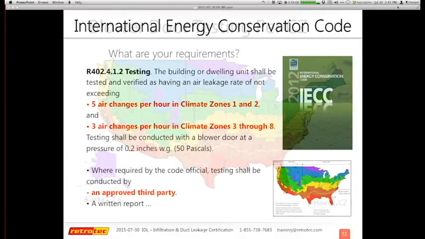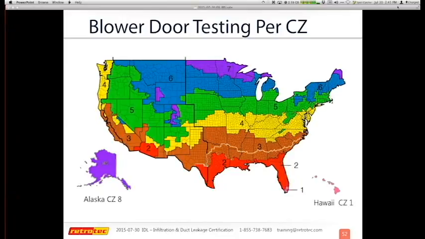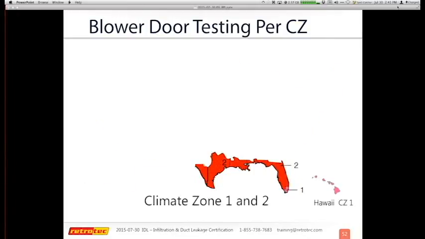So here is the climate zone map. It's also ASHRAE's map, and the IECC adopted this map in terms of what your requirements are. Climate zones 1 and 2 are allowed to do 5 air changes per hour. That also includes Hawaii. But you see climate zone 1 is really Hawaii and a big chunk of Miami and a little bit further south there.